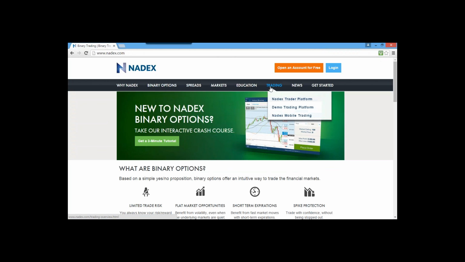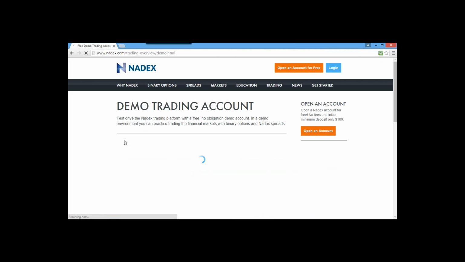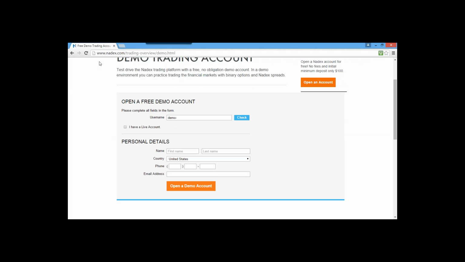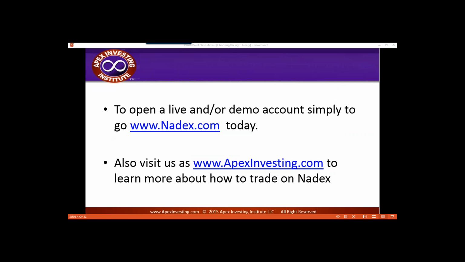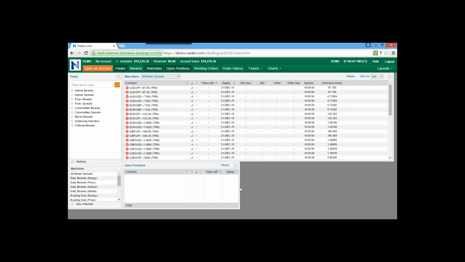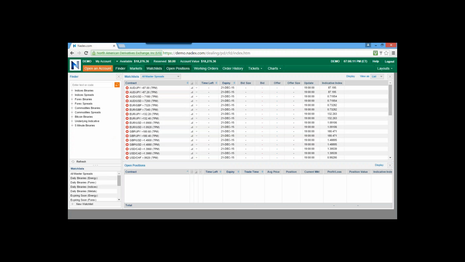And then right here under the trading tab, if you hit demo trading platform, you can fill out a quick form and hit submit. All you have to do is select a username and fill out some quick personal details, and Nadex will give you a $25,000 demo account. In just a few minutes, you'll receive an email with a temporary password. You can log right in with your username and temporary password and have access to the demo platform with $25,000 of demo money.